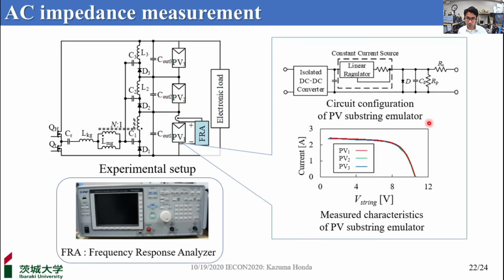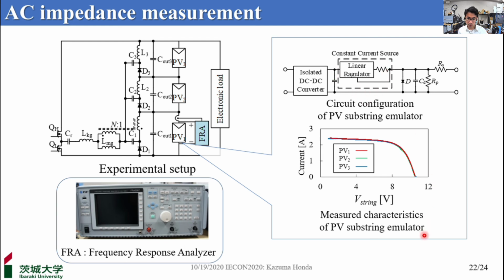To facilitate the experiment in the laboratory, PV substring emulators based on the equivalent circuit were prepared. The right top figure shows the configuration of the PV substring emulator. The PV substring emulator consists of series and parallel resistance, capacitor, diode, and a current source composed of an isolated DC-DC converter and a linear regulator.